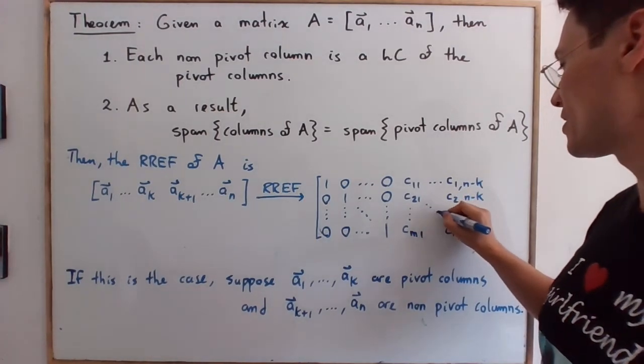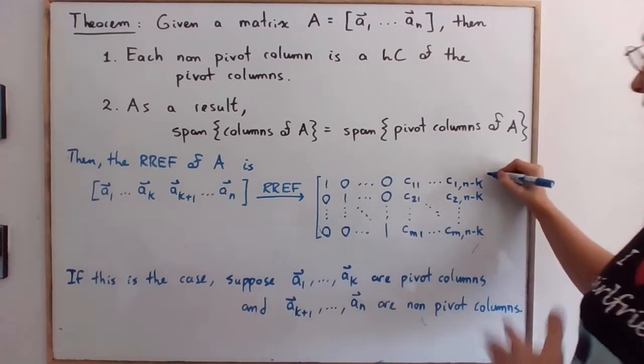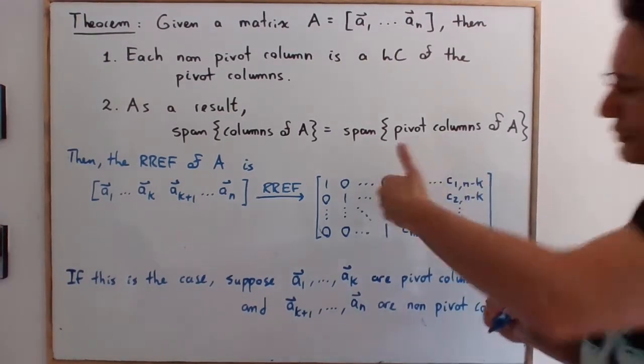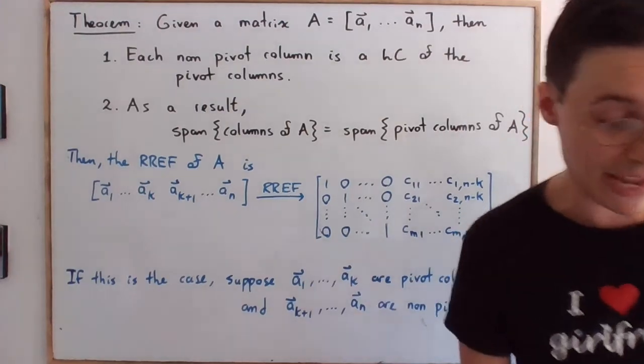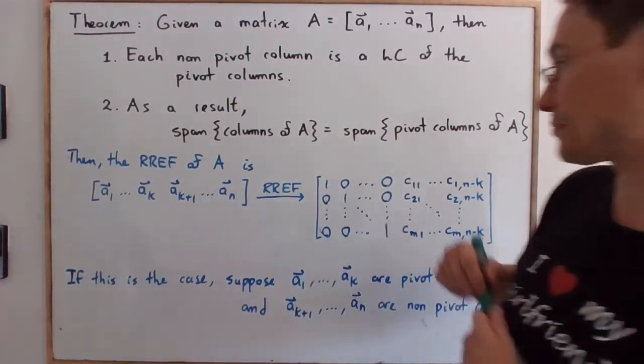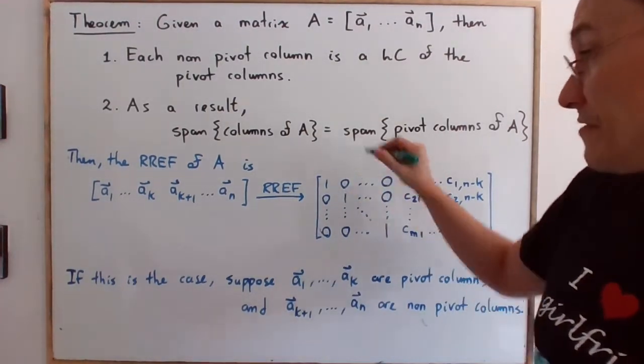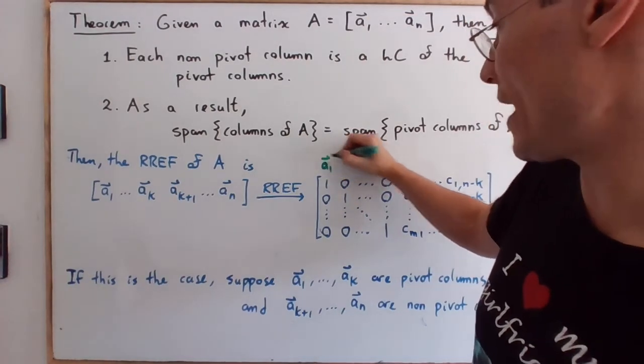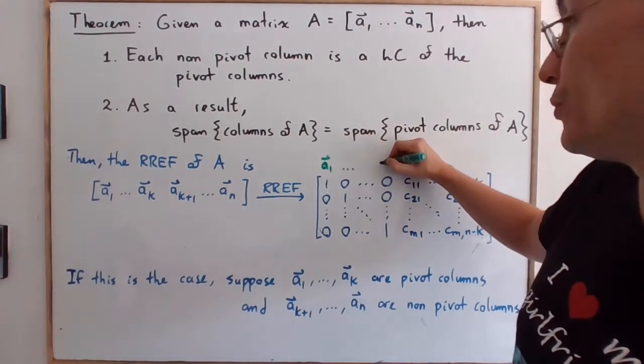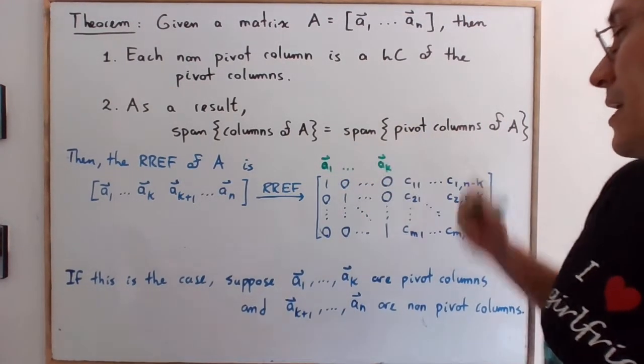So in other words, this is the reduced row echelon form of A. These are all the pivot columns, so they correspond to A1 all the way up to AK.